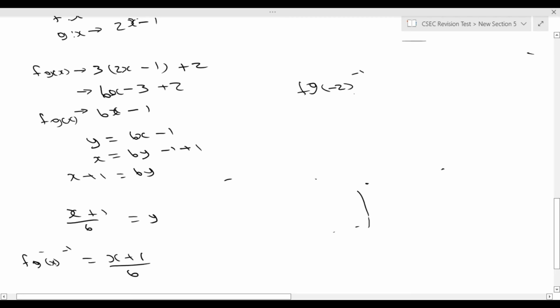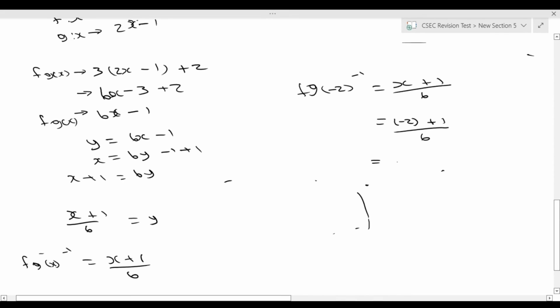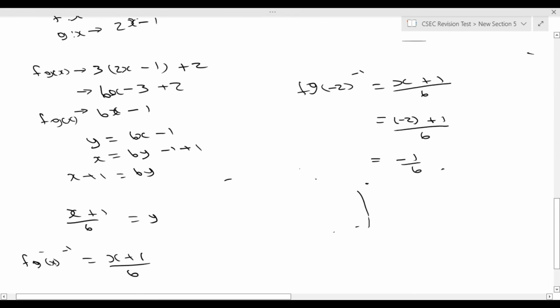So this was what we found, right? We had already found our f of g inverse, which is equal to x plus 1 over 6. It asks us to substitute x as -2. So we have -2 plus 1, that would be -1 over 6.